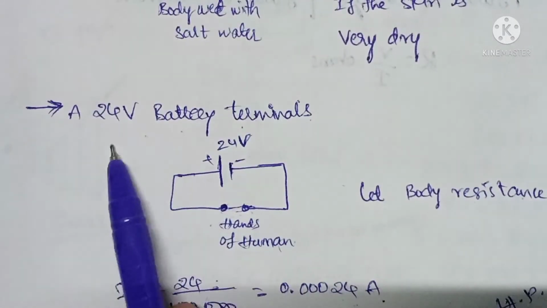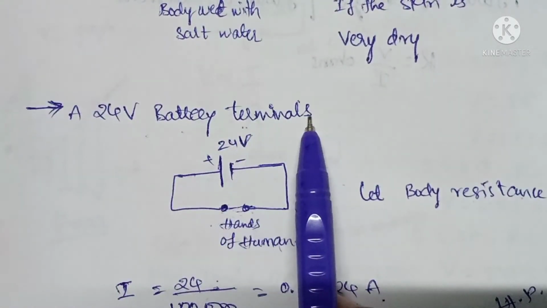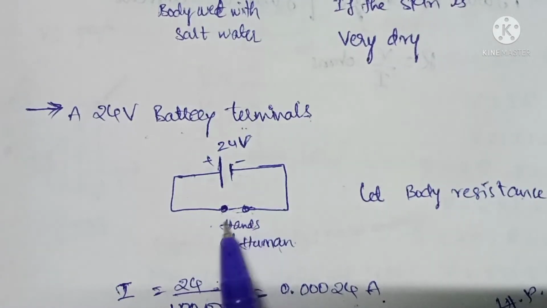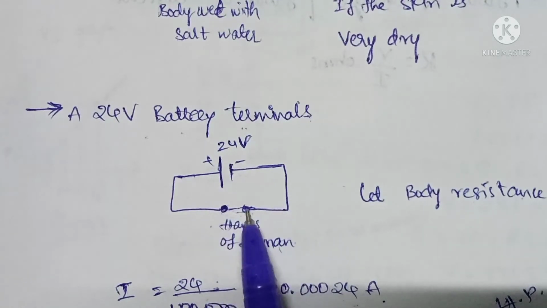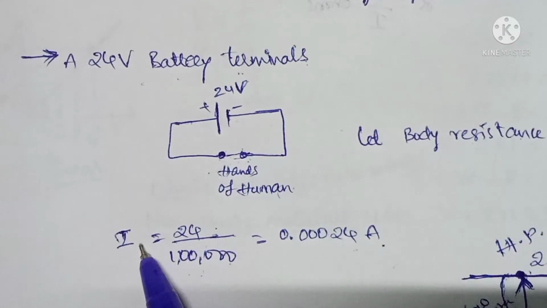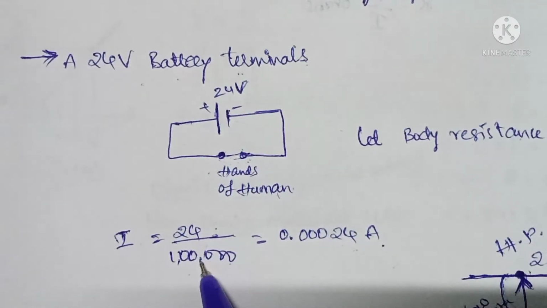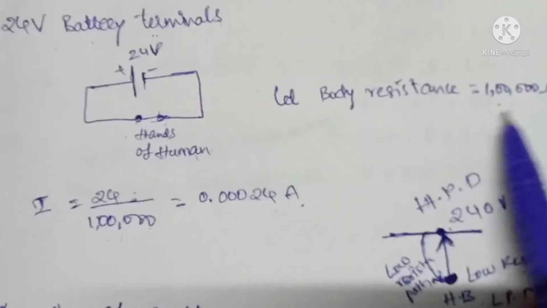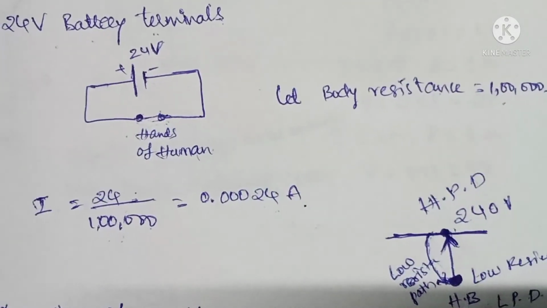If you touch 24 volt battery terminals with your two hands, forming a closed circuit, then let our body offer a resistance of 1 lakh ohm.